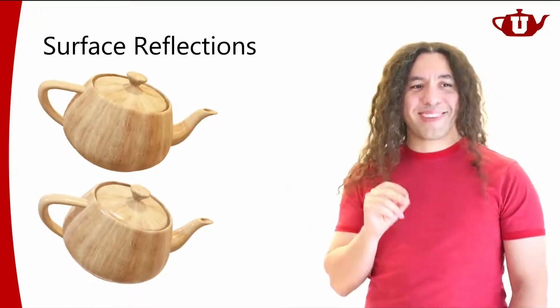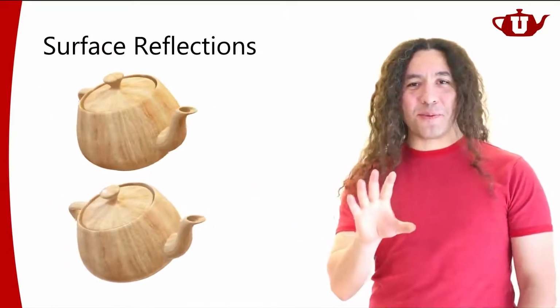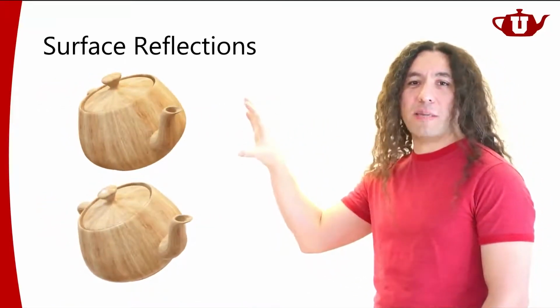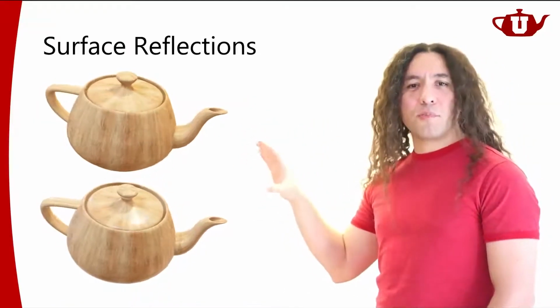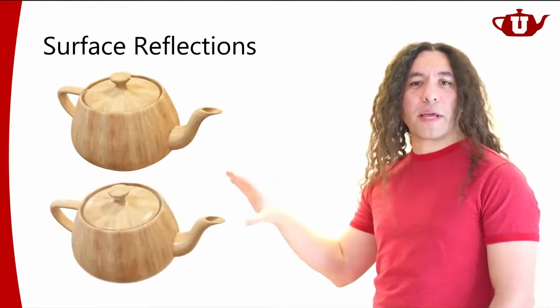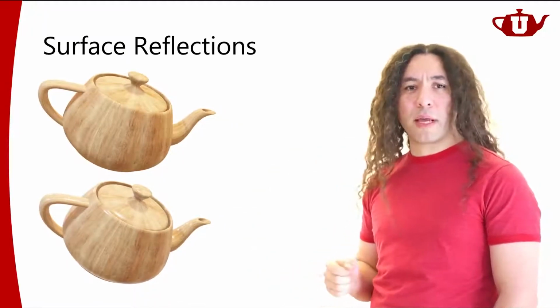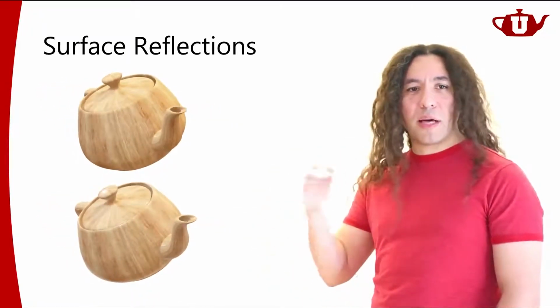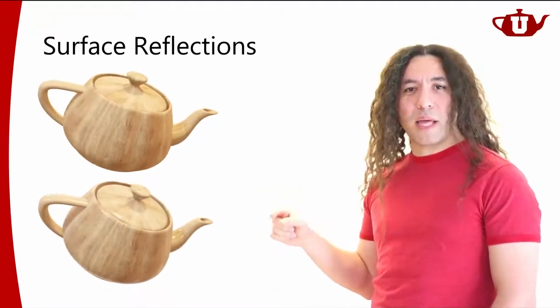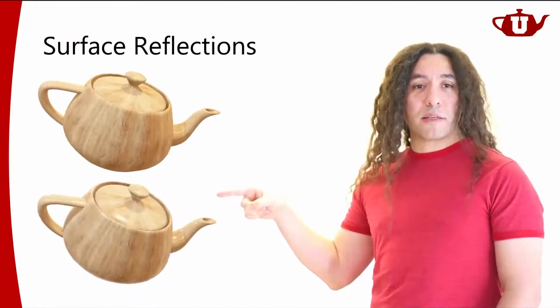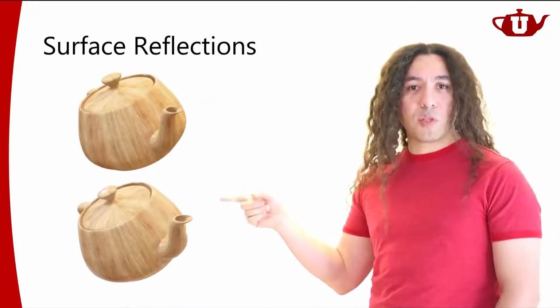Now, let me give you the parameters of what's going on here. Let's say I have the same teapot. I took this teapot and I put some protective coating on it. I just painted over it with some protective coating, just like the example I showed you a minute ago. And so I'm expecting to see some specular highlights coming off of that surface now.